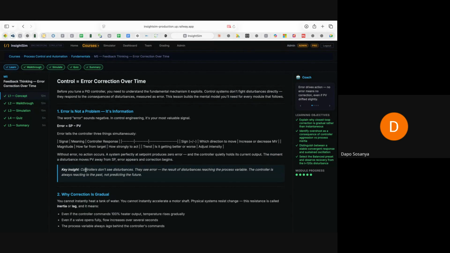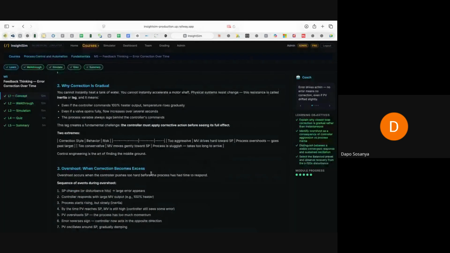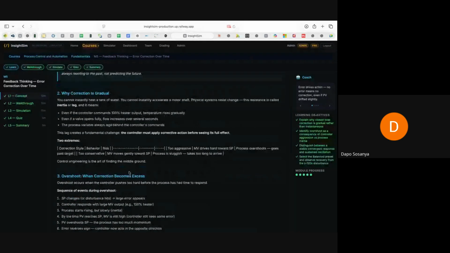So the insight here is that controllers don't see disturbances. They only see error, which is the result of disturbances reaching the process variable. I hope you still remember the difference between SP, PV, MV? Yes, sir. Okay, great, because we're using them now without defining them.